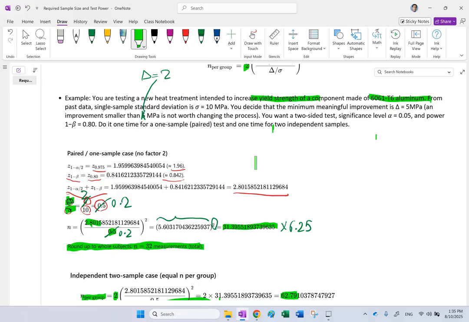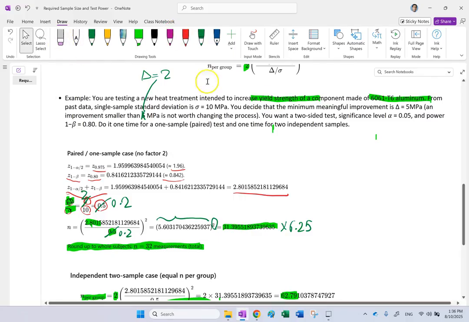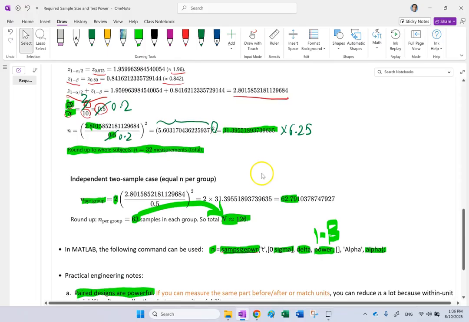But most of the time, the test we do to get a yield strength, like a tensile test, we are going to deform the material beyond its elastic point, and the material cannot be recovered and turned back to whatever it was originally. So once you apply the test on the material, you have to throw it away and come up with a new specimen. So if your test is destructive, guess what? You have to use a 2 sample t-test, and that is exactly what you have to do here.